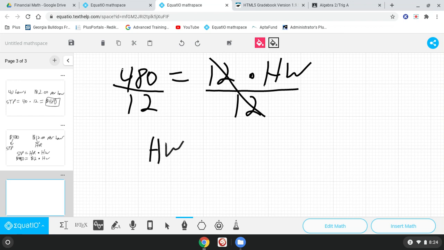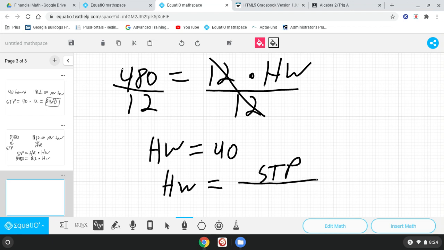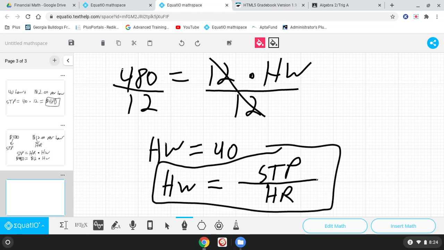So HW equals 40. If you want to just jot this down, you could say that HW, which is hours worked, equals the same thing as straight time pay divided by hourly rate. Or you could just do what I did and go through the calculations.